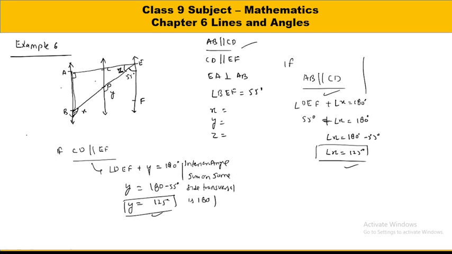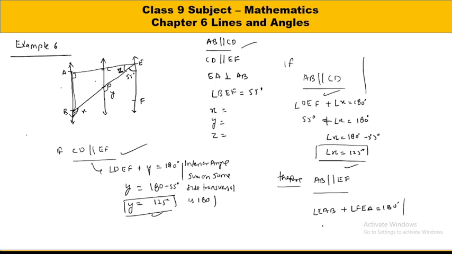Now AB is parallel to CD and CD is parallel to EF. Therefore we can say that AB is also parallel to EF. It means that angle EAB plus angle FEA is 180 degrees, since the interior angle sum on the same side of the transversal is supplementary.